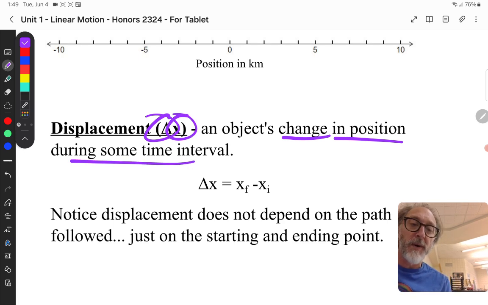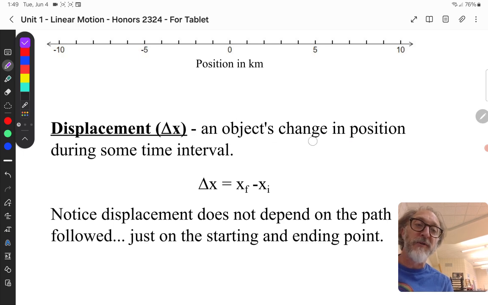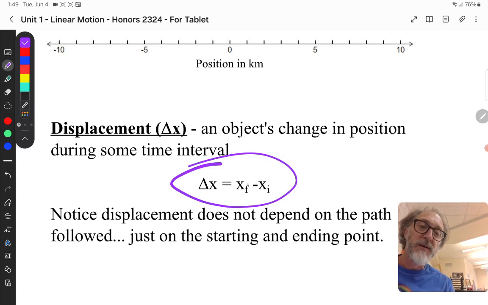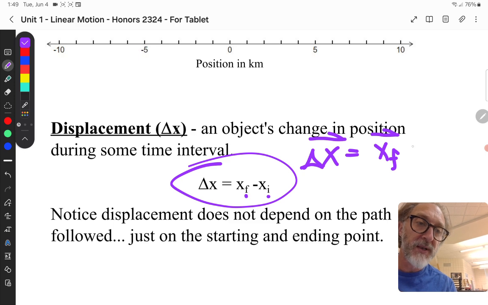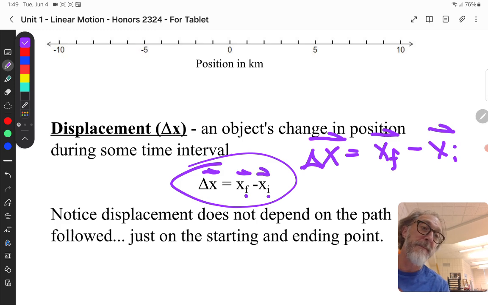And hopefully you remember from chemistry, anytime you're finding change in something, it's always final minus initial. So my change in position is final position minus initial position. Notice those arrows. These are vectors, so they should have arrows over them.